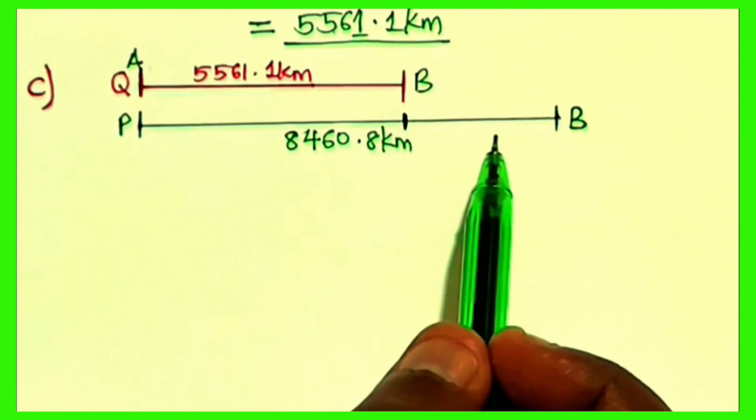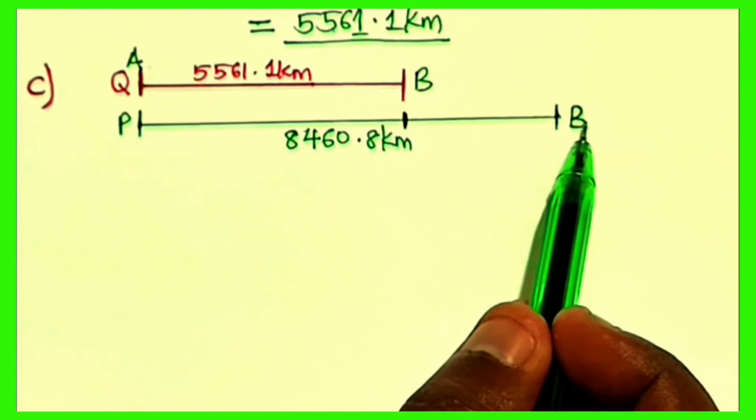Since they are moving at the same speed and they began this journey at the same time, by the time Q is arriving at airport B from airport A, plane P will also be at this point having covered 5,561.1 kilometers, and it still has some kilometers to cover before it reaches point B. How many kilometers is plane P left to cover to get to airport B?